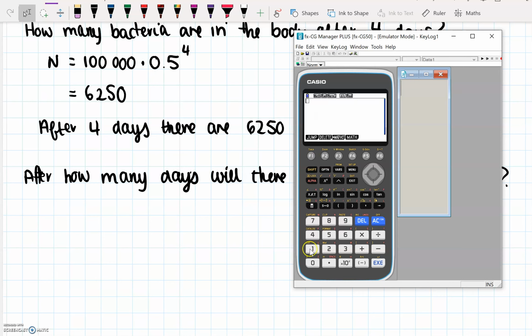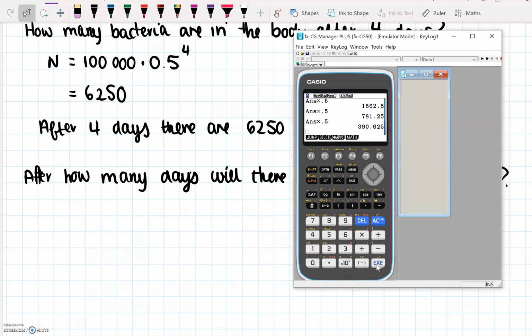So let's just delete all these lines. We know that we have 100,000, and if you press execute, we have our 100,000. Now, if you times this by 0.5, and then press execute, or equals on your calculator, that's 1 day. If you press enter again, it's done 2 days. If you press equals again, 3 days. 4, 5, 6, 7, 8.